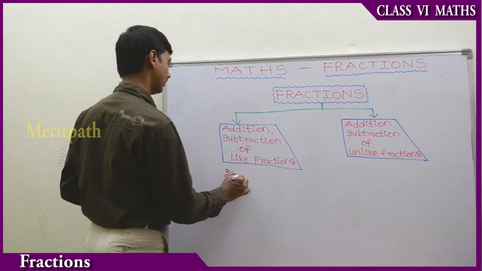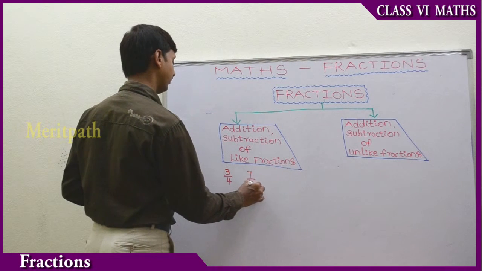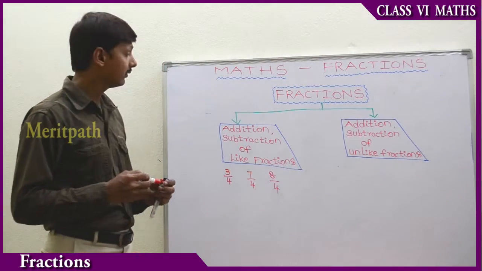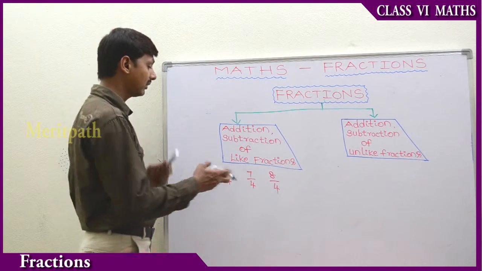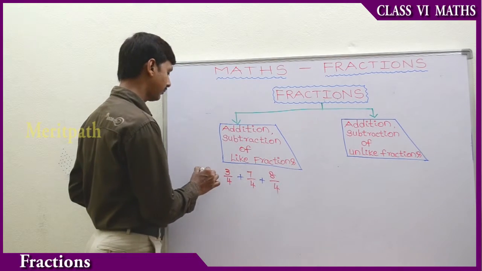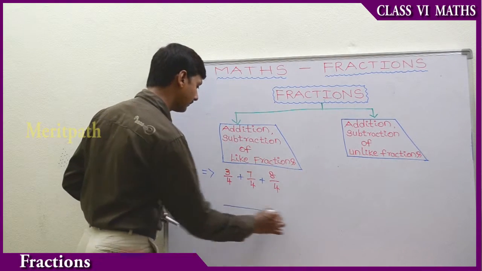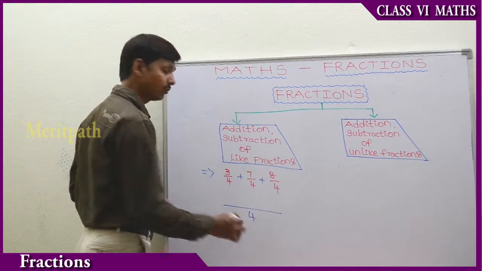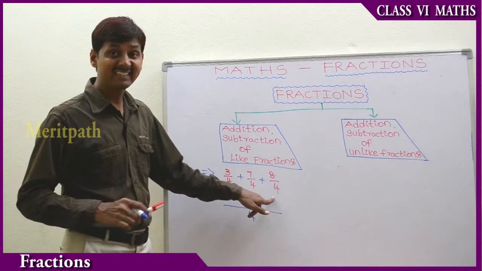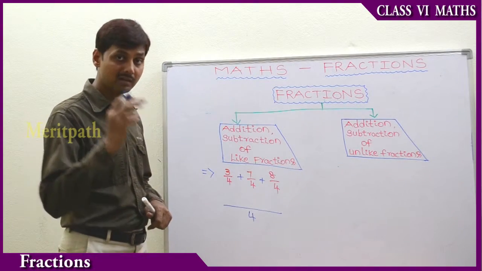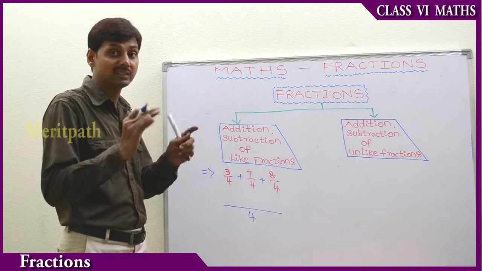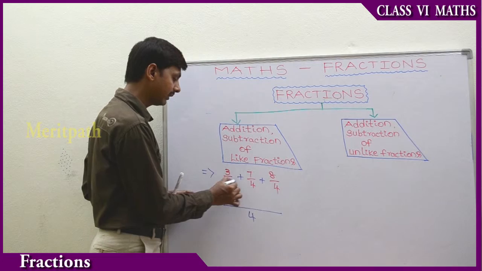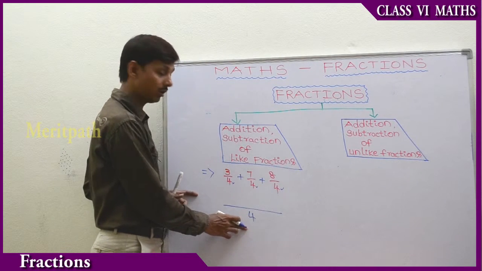3 by 4, 7 by 4, 8 by 4, which have the same denominators. We call them like fractions. The process of adding like fractions is that we take the denominator as 1, only one denominator, even though there are three. Since there is a 4 in the denominator, we take 4.